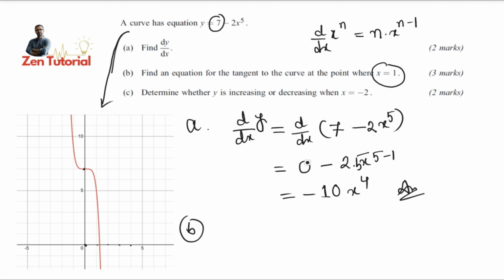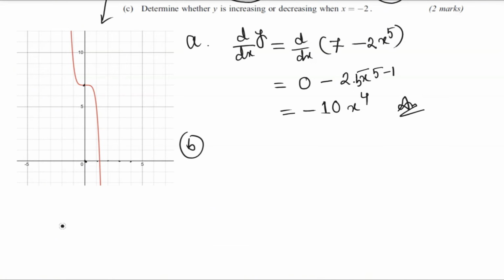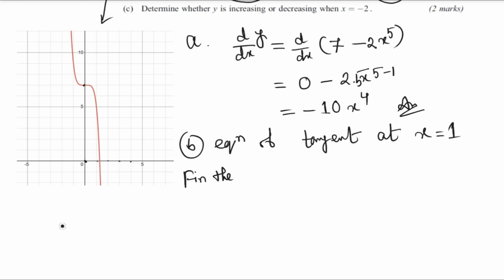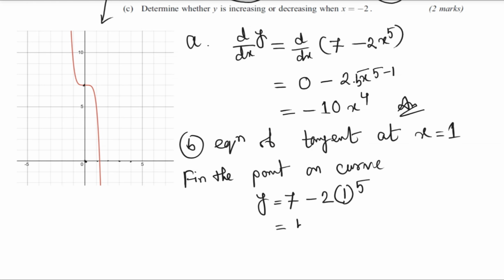At the point where x equals 1, we have to find the equation of a tangent line, a straight line that touches this curve. First of all, find the point on the curve. y equals 7 minus 2 times 1 to the power 5, so y equals 5. So the point will be (1, 5), right?